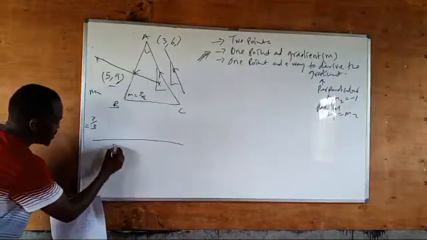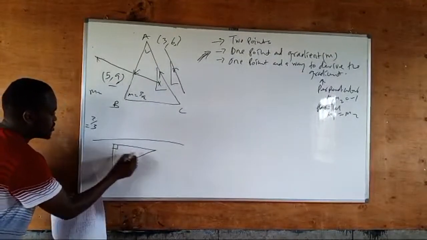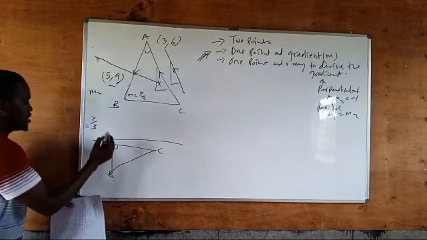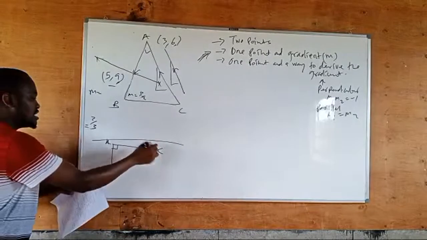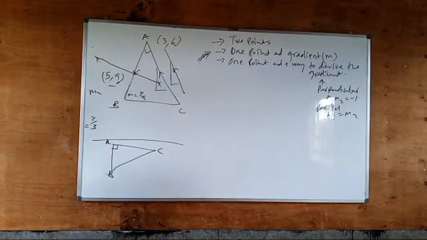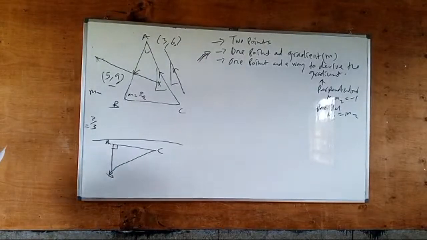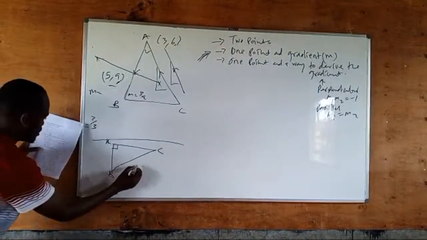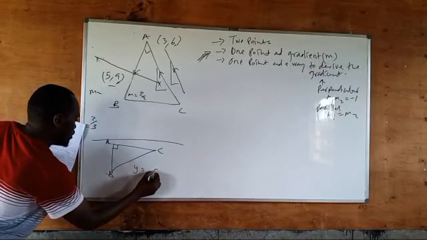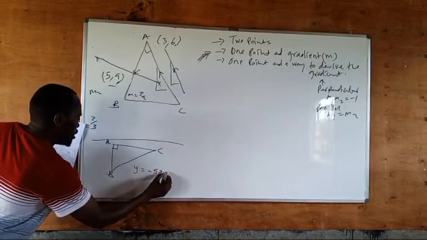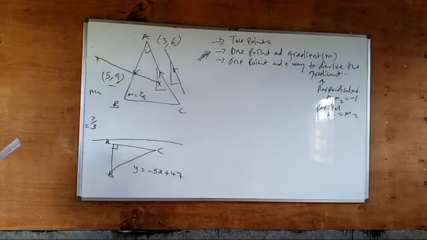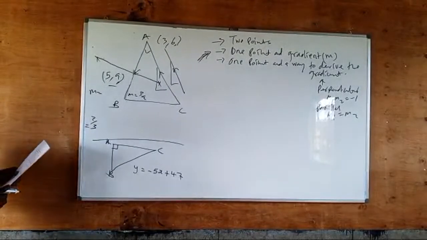Uchore hivyo tuseme C and A and B. Now, given now that this is perpendicular, AC is perpendicular to AB, and the equation of line BC is y equals to negative 5x plus 47, and find the coordinates of C.